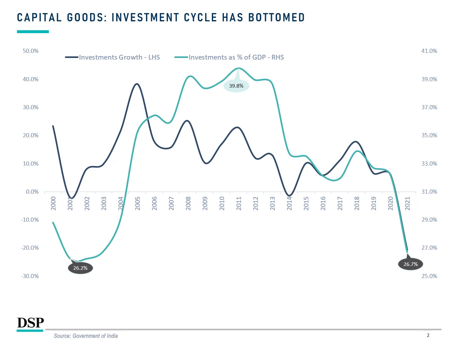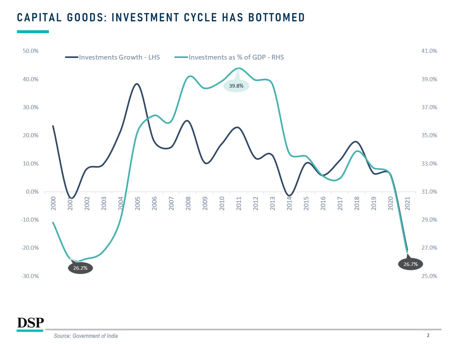Investments help us figure out where we are in the cycle. In the Indian context, investment contribution to GDP jumped from a low of 26% in 2001 to 40% in 2011.